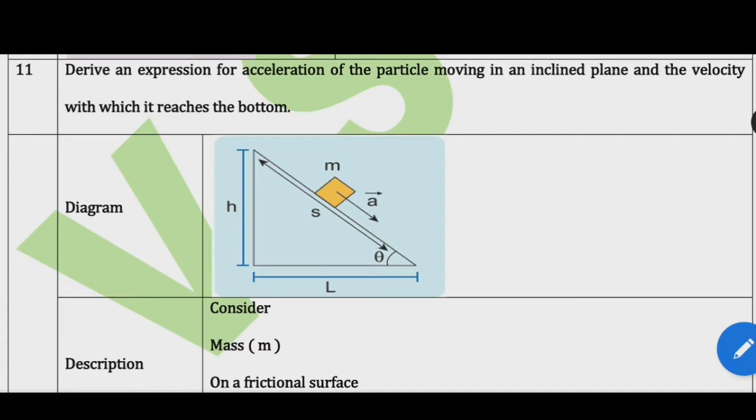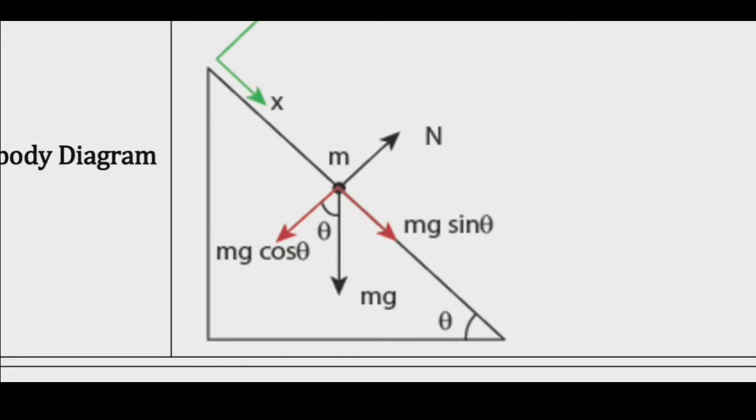Now, the forces acting on the object are: 1. Downward gravitational force mg. Second, normal force N perpendicular to the inclined surface. Now we draw the free body diagram. The block is assumed to be a point mass.